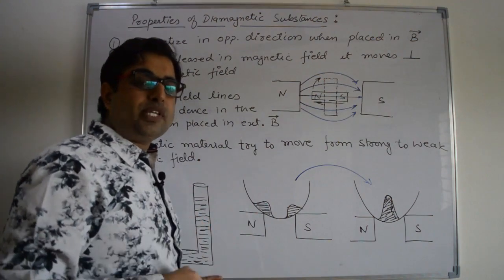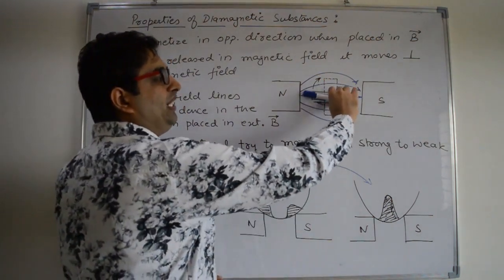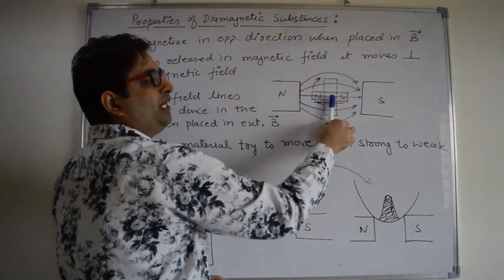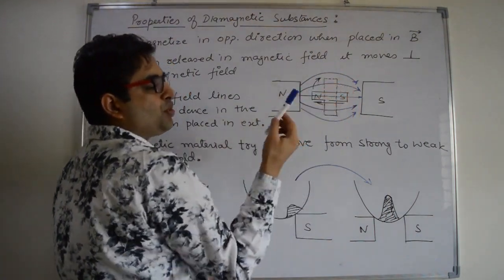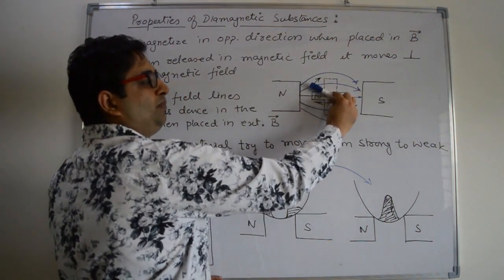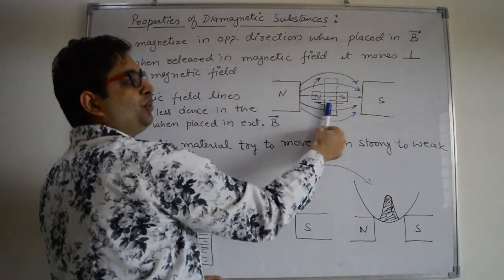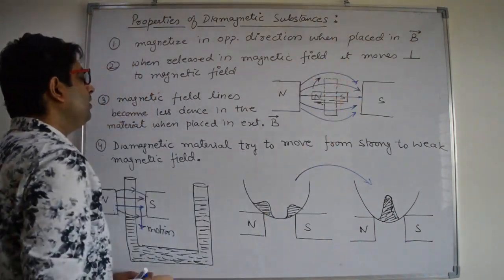Because it is oppositely magnetized, it always tries to move in a direction perpendicular to the external magnetic field. So when I release a diamagnetic substance here, it will move along the perpendicular direction to the magnetic field.